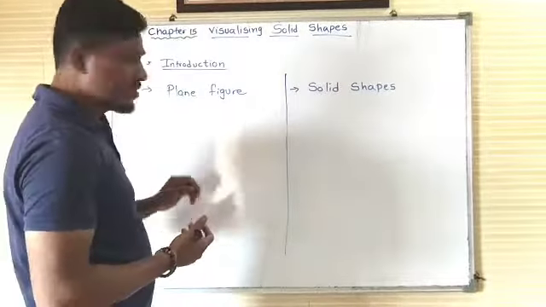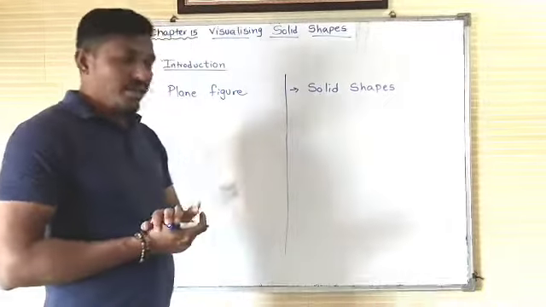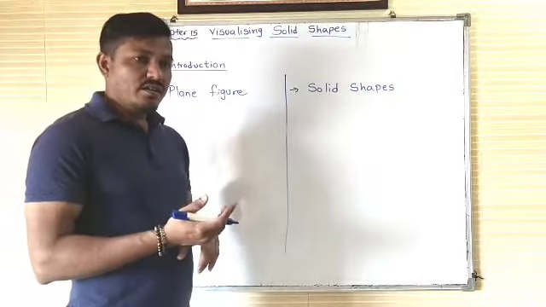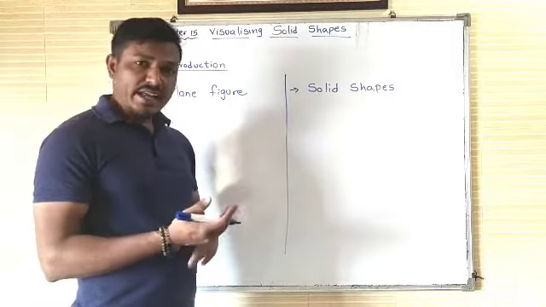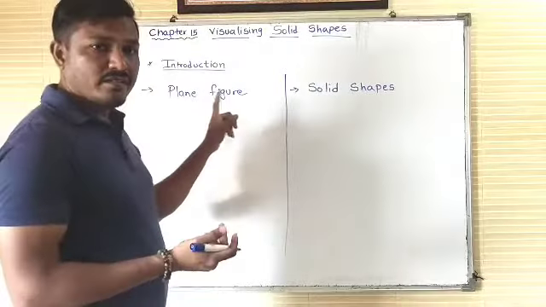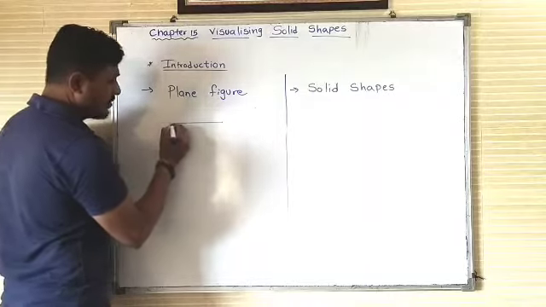In that, first we will study what are plane figures. If you see the examples, square, triangle, rectangle, circle or any quadrilateral are examples of plane figures. Now let us see with the figure.